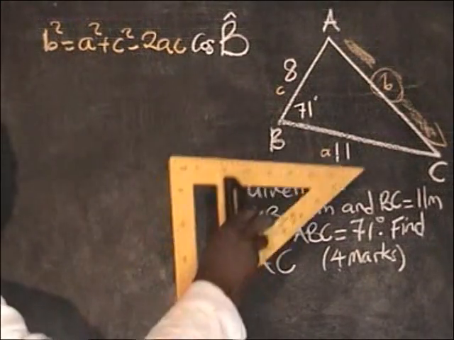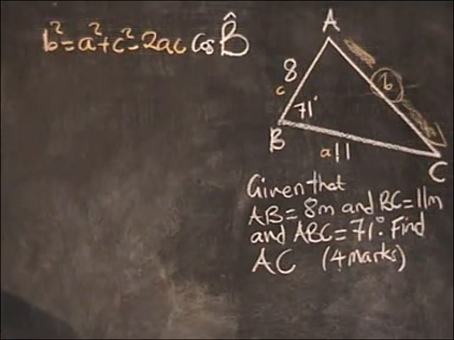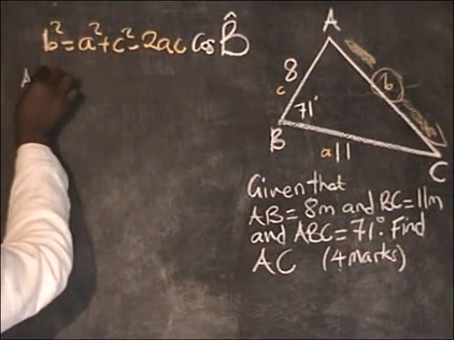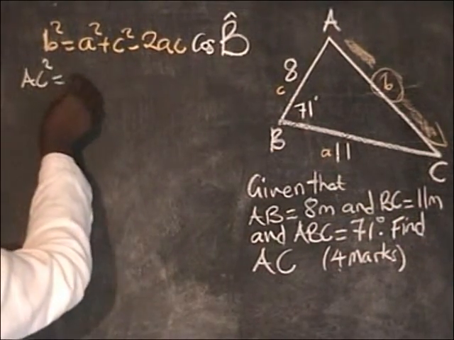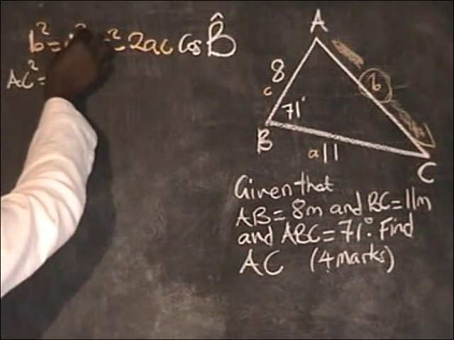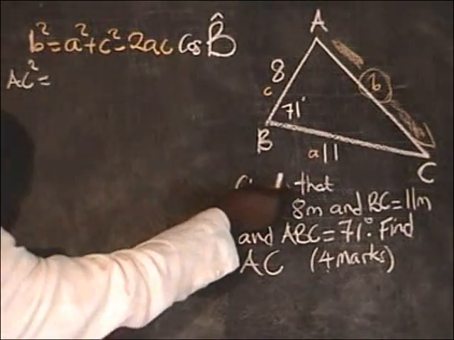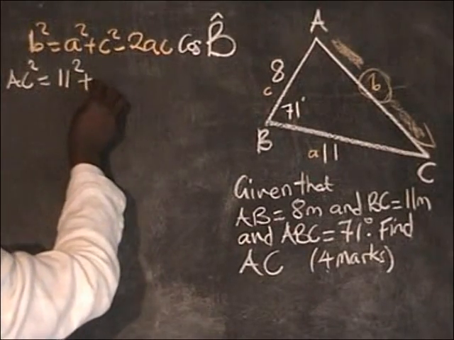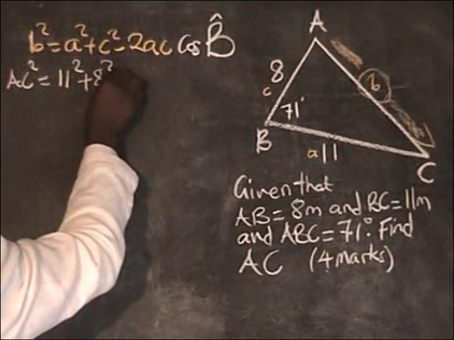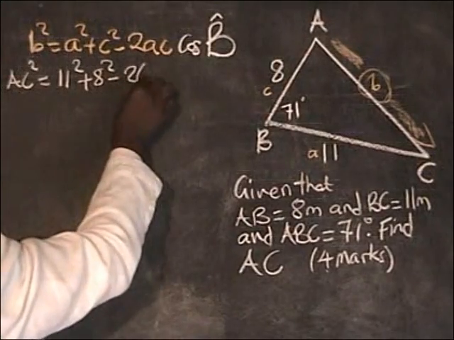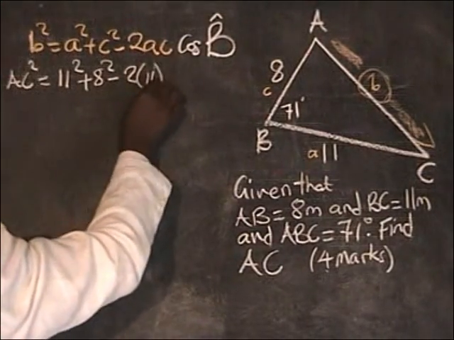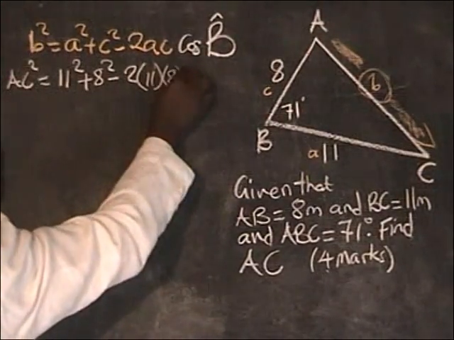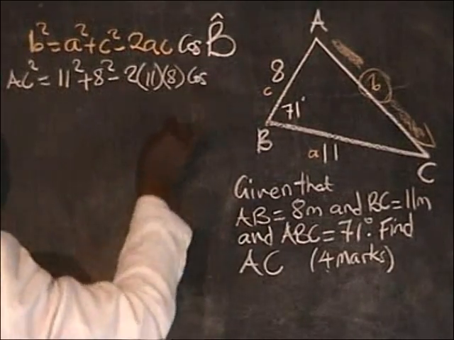According to the diagram, small b is AC, so you are going to write AC squared equals 11 squared, plus small c, 8 squared, minus 2 multiplied by 11, which is a, multiplied by 8, then followed by cosine.